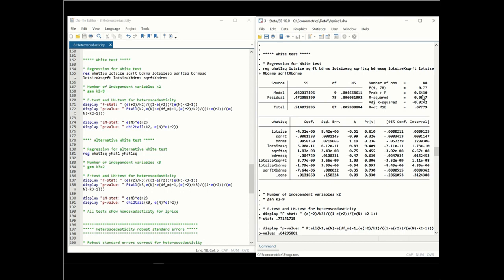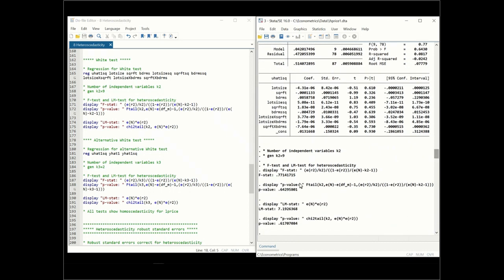So we don't have joint significance of these coefficients. And likewise, the p-value for the LM test is 0.61, which is greater than 0.05. So again, we find that the coefficients are not jointly significant, and again we find the case of homoscedasticity.